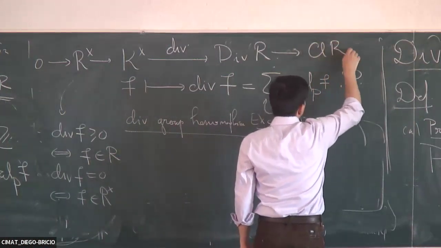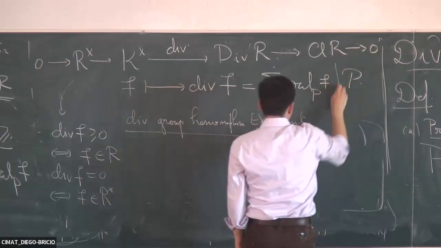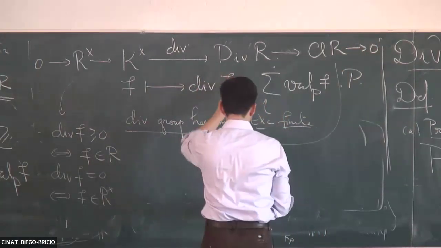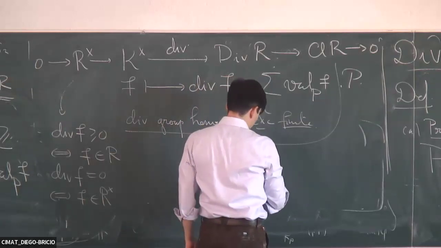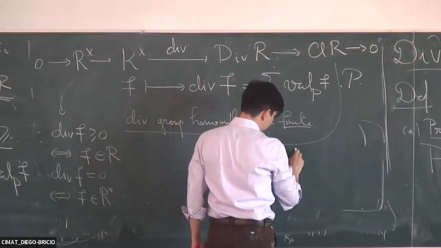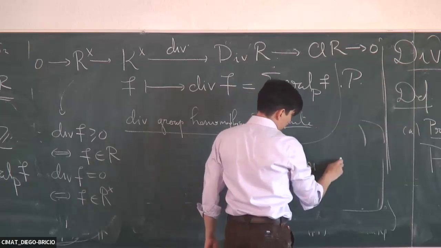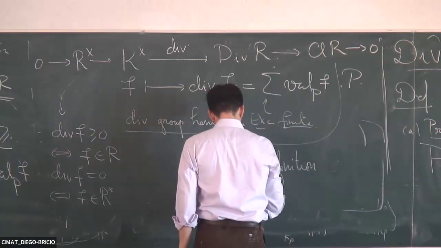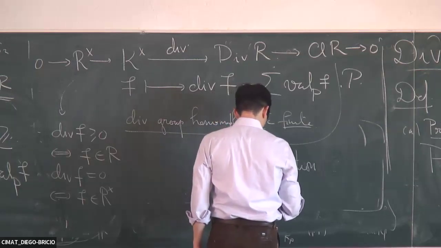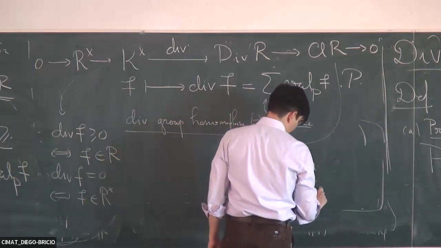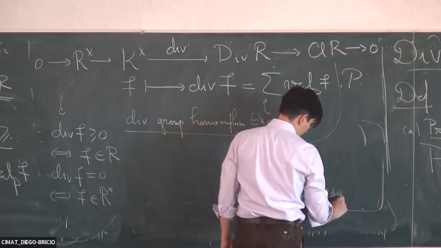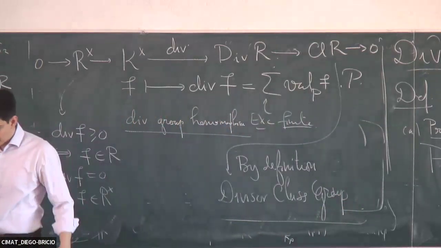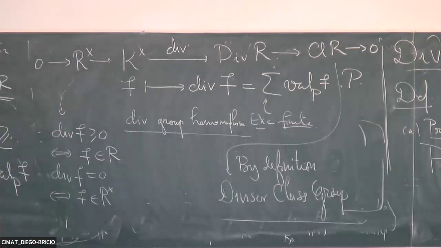And the co-kernel is by definition the divisor class group. Okay, so this thing here, I'm defining, it's the co-kernel of the map. By definition, it is the divisor class group. Which is a very important object in the history of algebra.